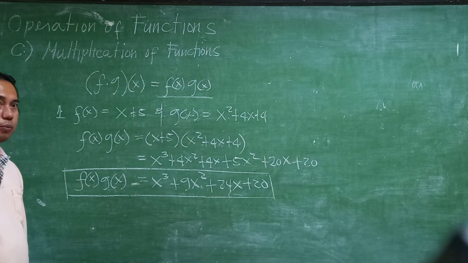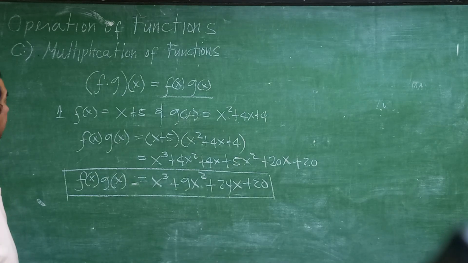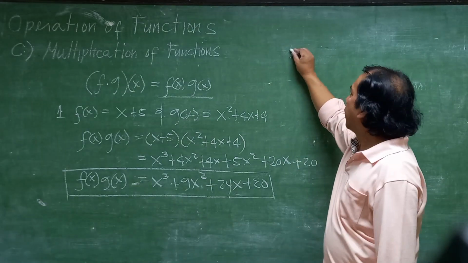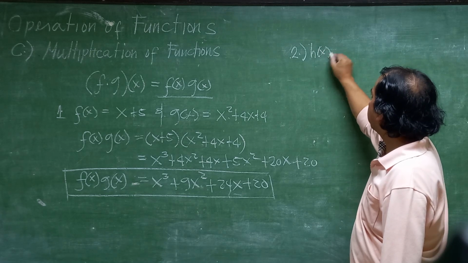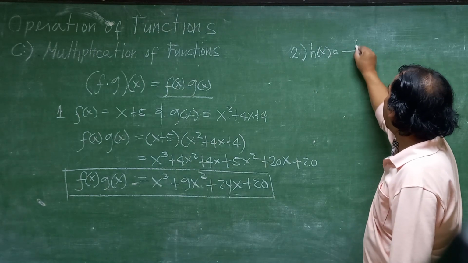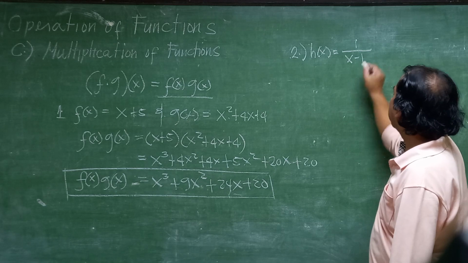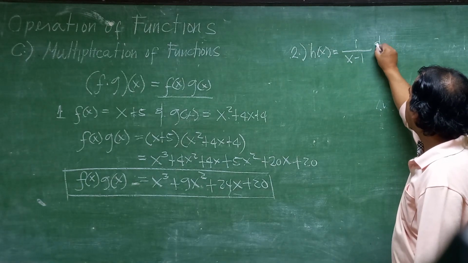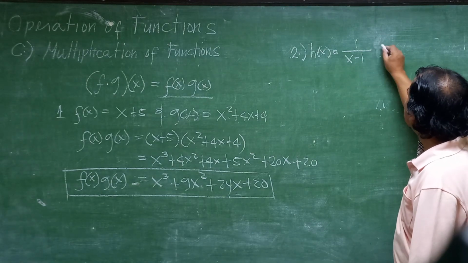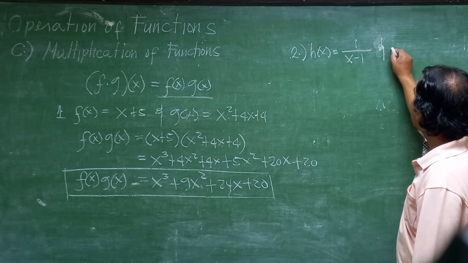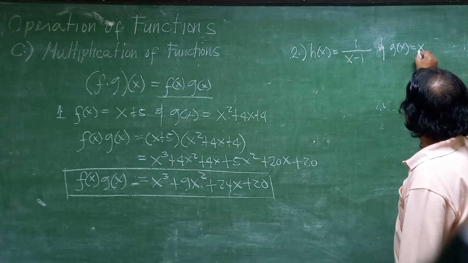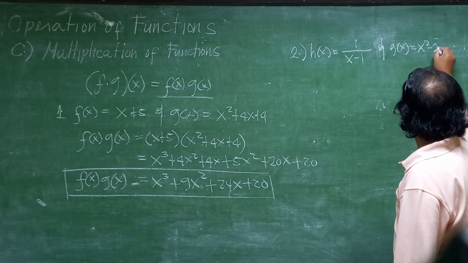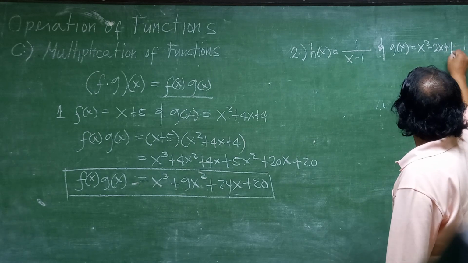Now, what about if we are going to have the other example? Okay, let's try to have in here number 2. Our h of x is defined by 1 over x minus 1, and another function, g of x, is defined by x raised to 2 minus 2x plus 1.